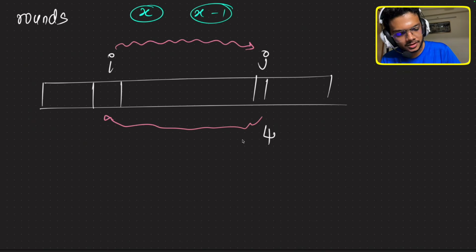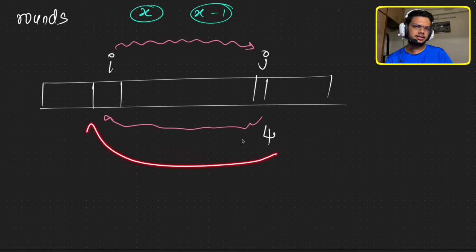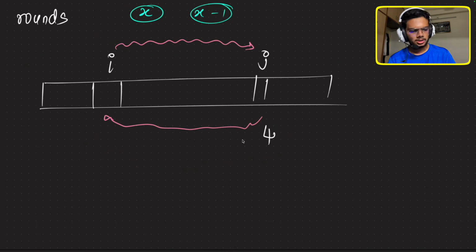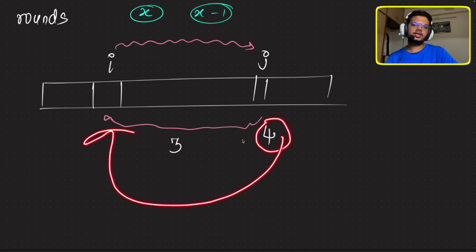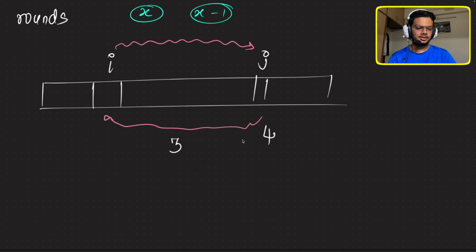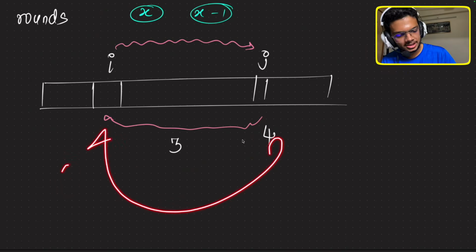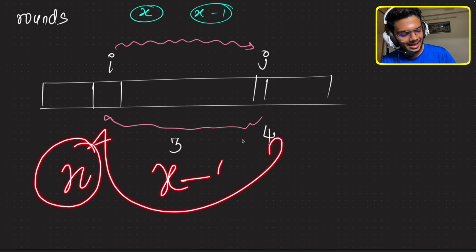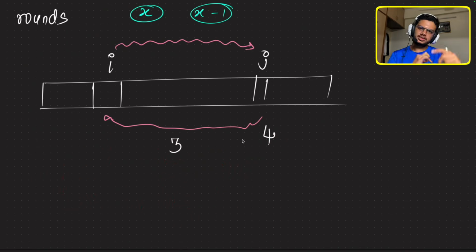Can you see how rounds will change if this 4 goes back? Let's say you had 3 here. This 4 will move before 3, that is, you will have x before x minus 1. So the rounds will increase.